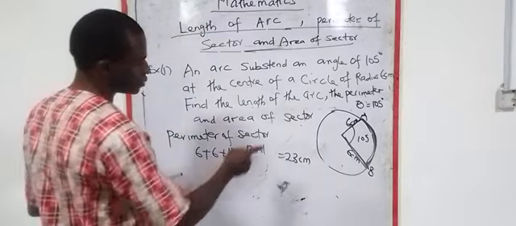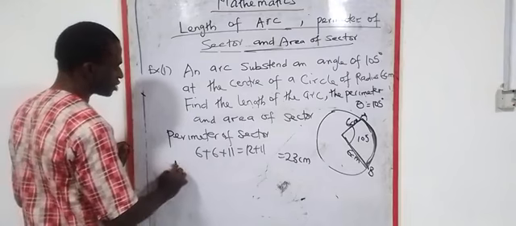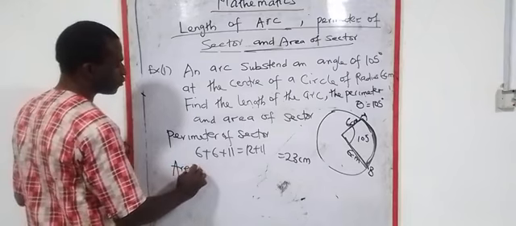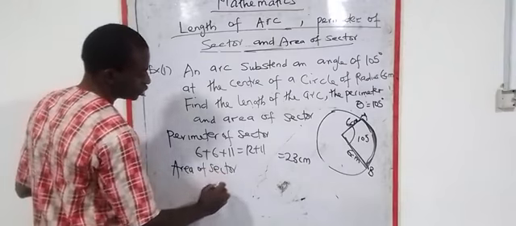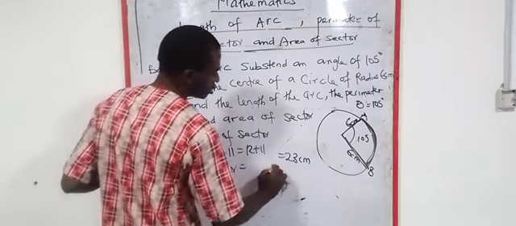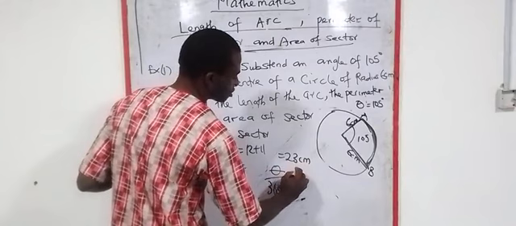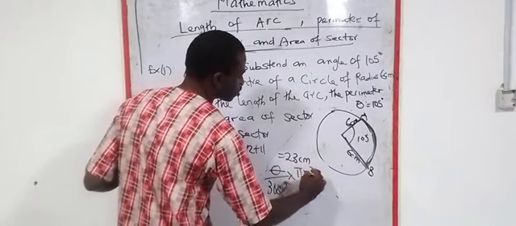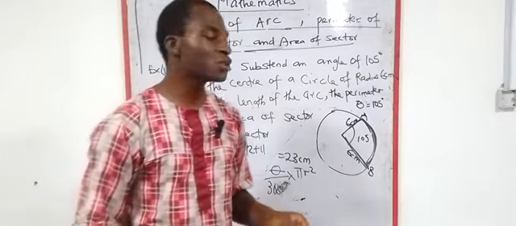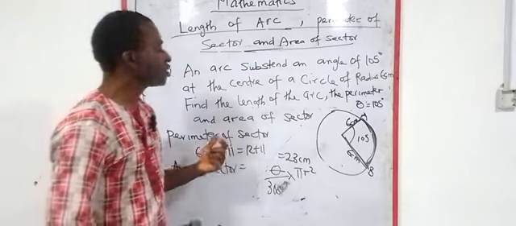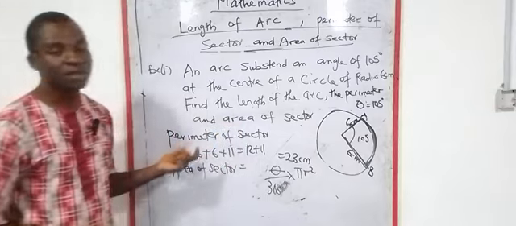Now, we talk about the area of a sector. The area of a sector is actually equal to theta over 360 times pi r squared, not 2 pi r this time around. The other one was derived from the circumference of a circle, that is for the length of an arc.